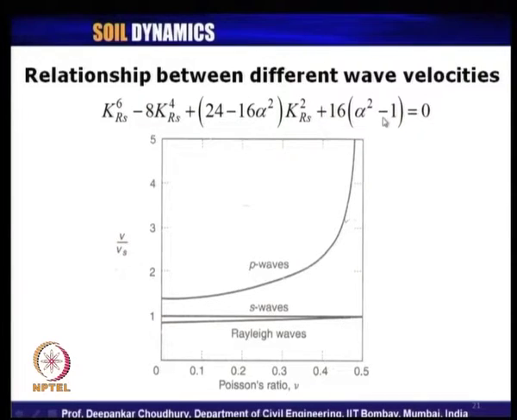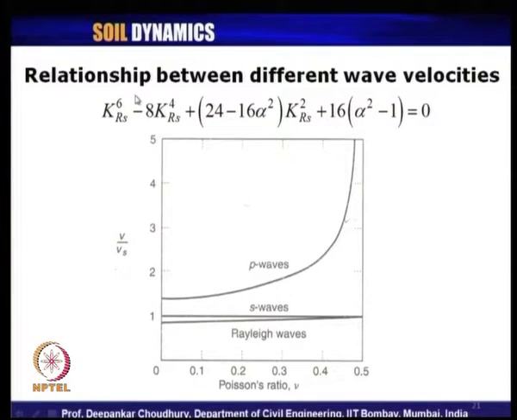So, in that way, for different values of Poisson's ratio, if we want to see how these three velocities about which we have studied just now, that is P wave, S wave and Rayleigh wave, vary with respect to Vs, because see, this KRS and alpha both are expressed in terms of Vs, right, because alpha is the ratio of Vs by Vp and KRS is also the ratio of Vr by Vs. So, everything is expressed in terms of shear wave velocity.